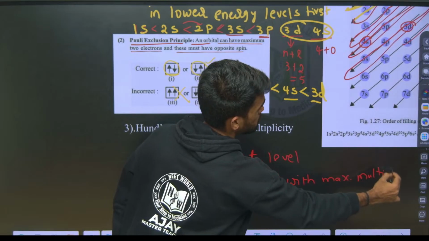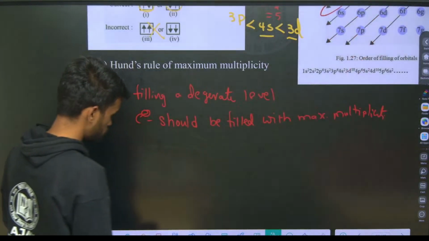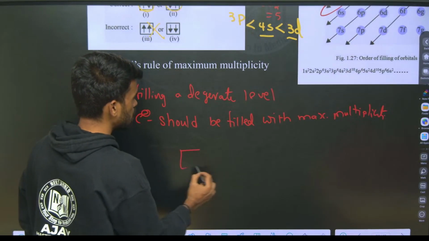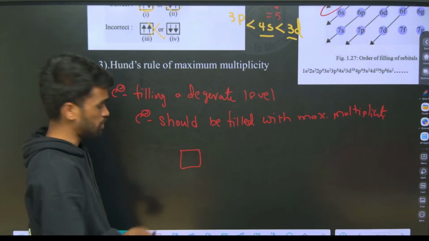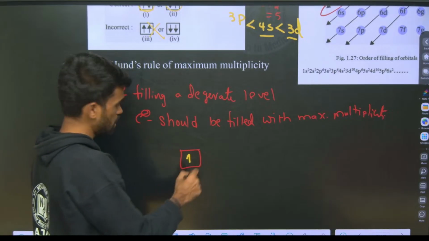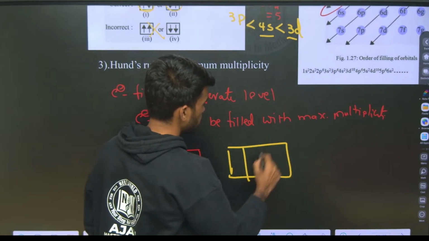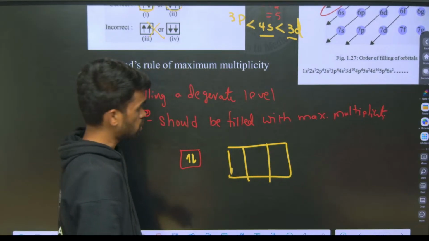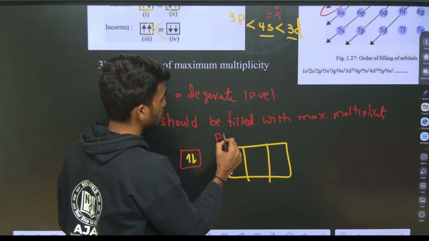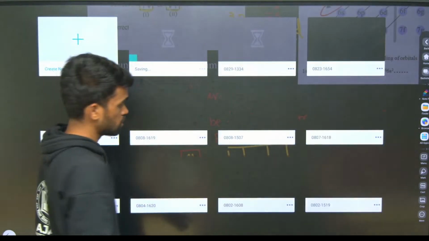What does that mean? For the s orbital there is no issue, because there is only one box: I fill one electron like this and the next like this. But in the case of p and d, p has 3 orbitals, so consider a p3 electronic configuration with 3 electrons.